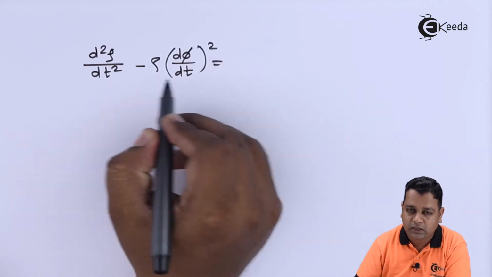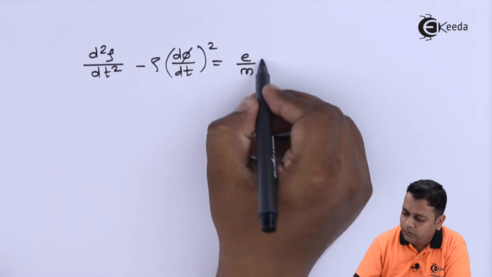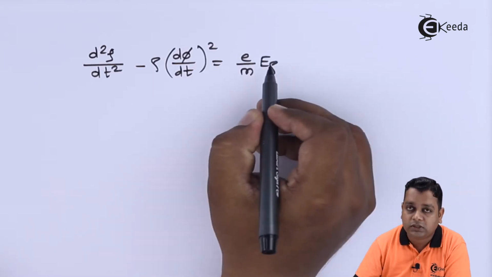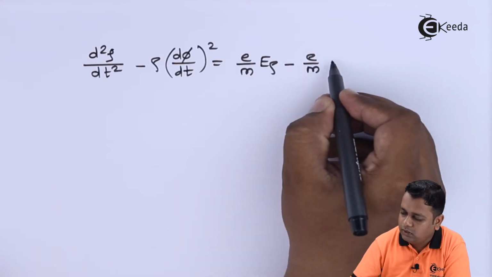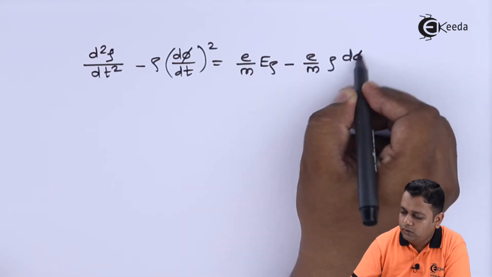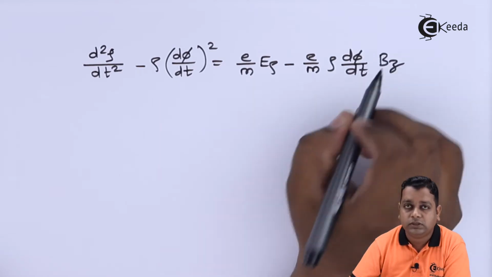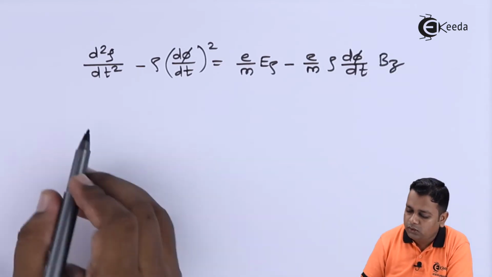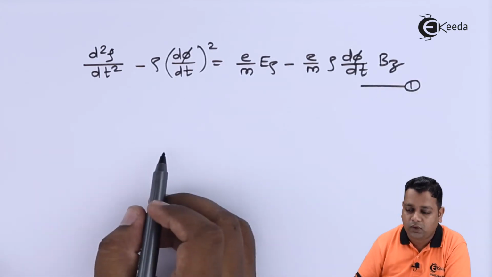This is the left hand side, and the right hand side is given by e/m times Eρ minus e/m times ρ dφ/dt times the Bz component. Let us say this is equation number 1.